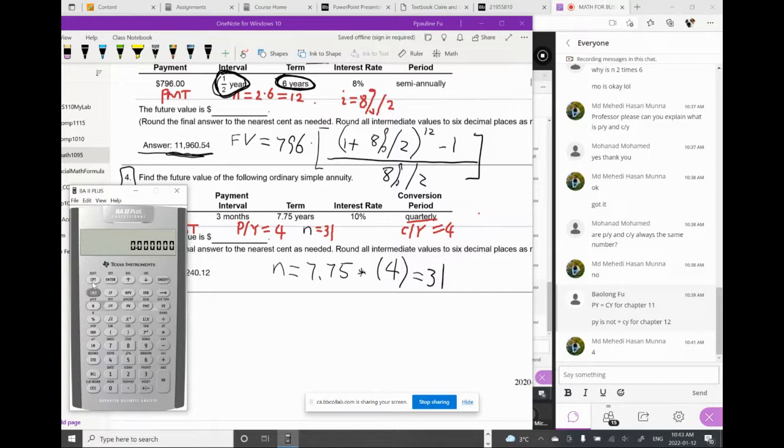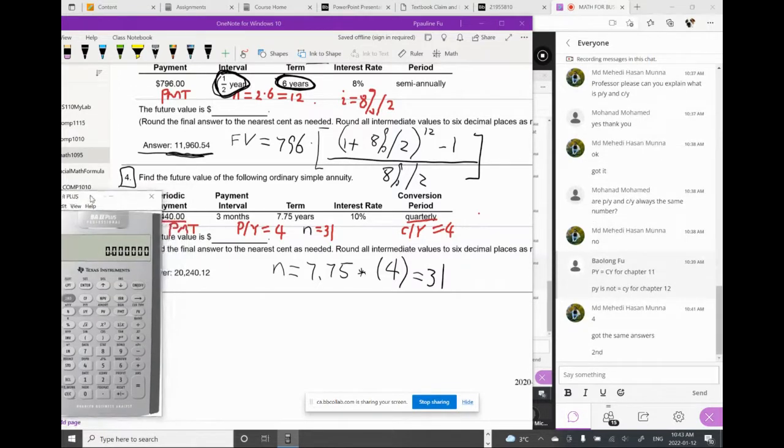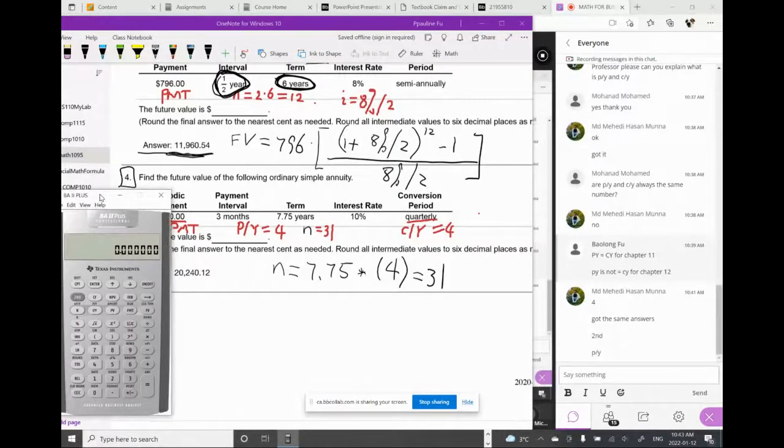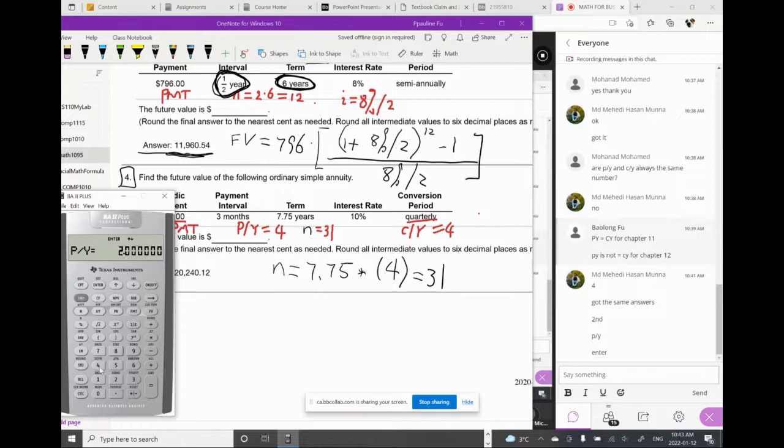Now you teach me how to use the calculator. Can someone? Oh, great. I gave you the answer. Correct answer is here, 20,240. Can someone tell me what to do? Okay, second PY, lovely. PY equals what? Enter 4.